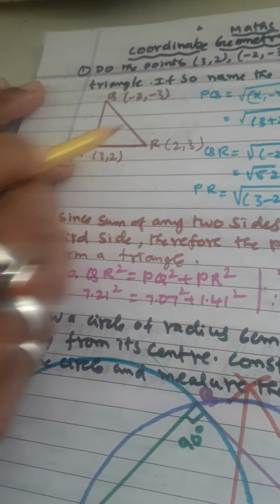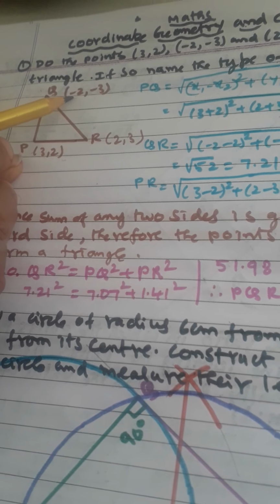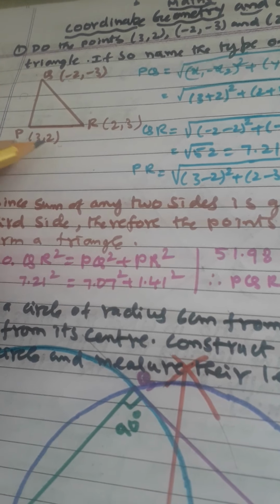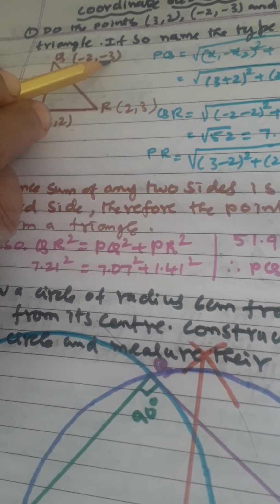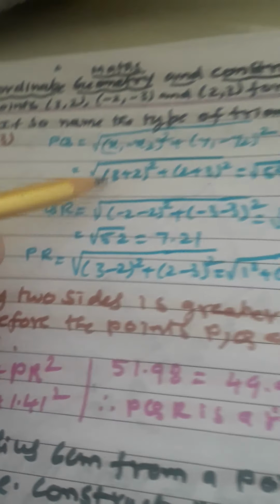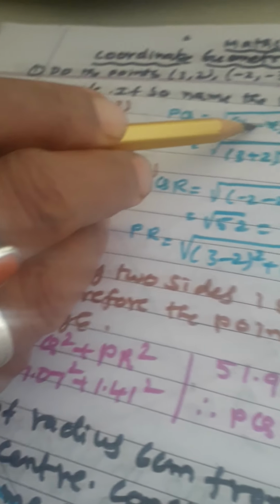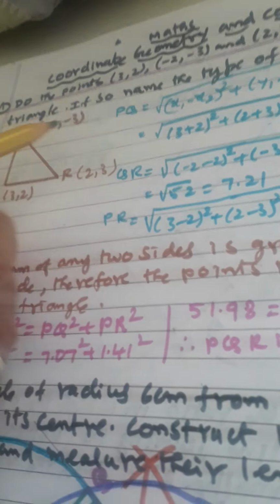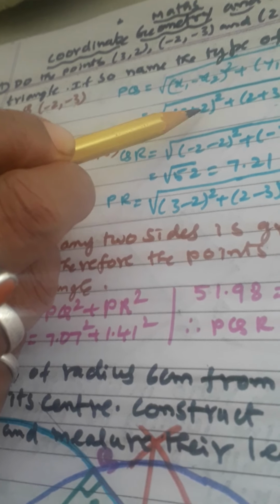I am considering 3 as x1 and -2 as x2, 2 as y1 and -3 as y2. According to this formula I am substituting. In the place of x1, 3 is there, and x2 is given as -2, but because the formula has a minus, minus into minus becomes plus, that is why I wrote plus.